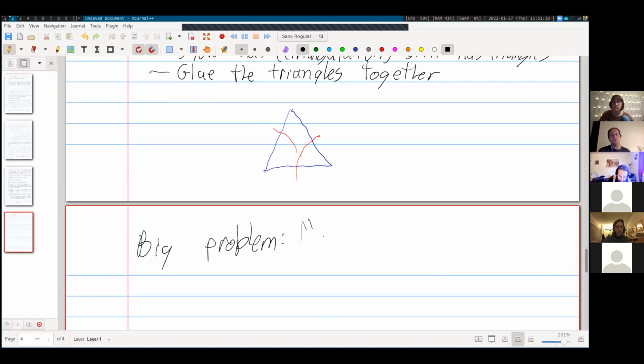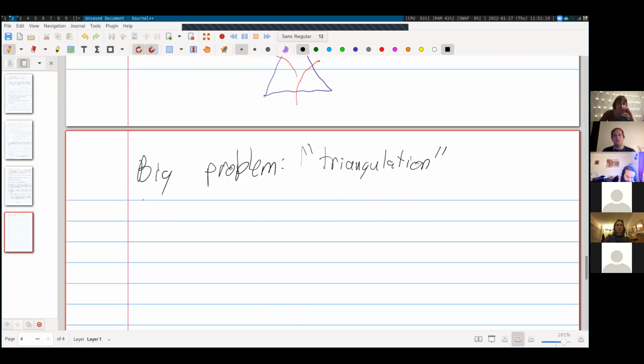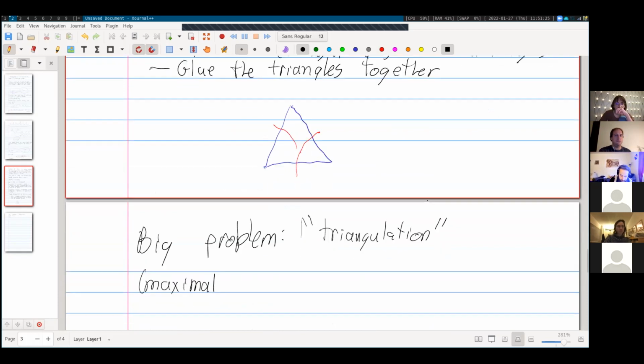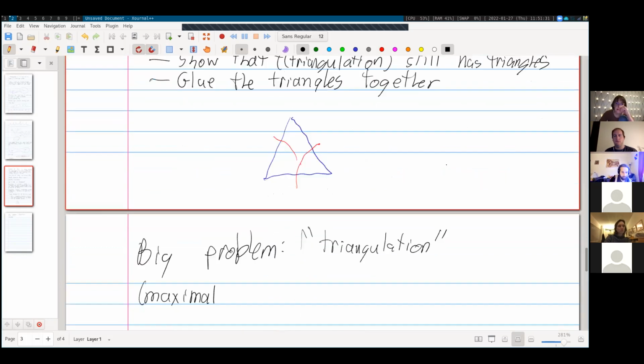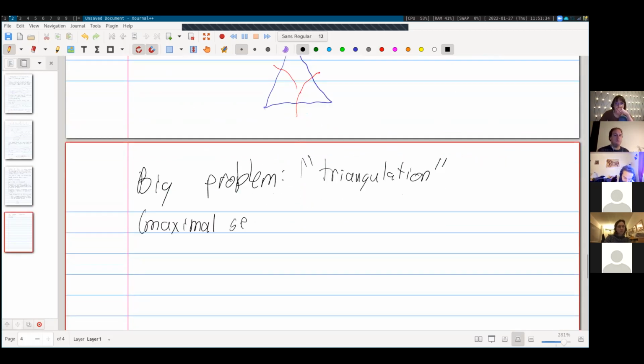So a triangulation, by which I mean a maximal set of disjoint loops, can be really, really weird in an infinite type surface.